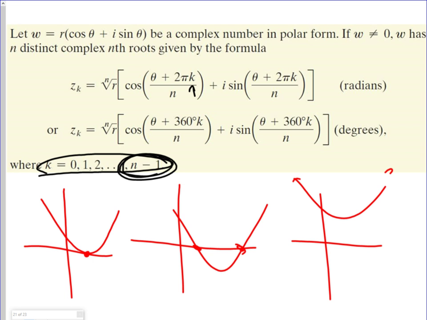If n is 10, you're doing it 10 times, where k is 0 all the way up to 9. All you're doing really is simplifying this mold, if you will. I'm simplifying it.